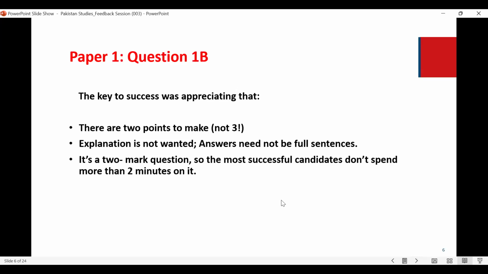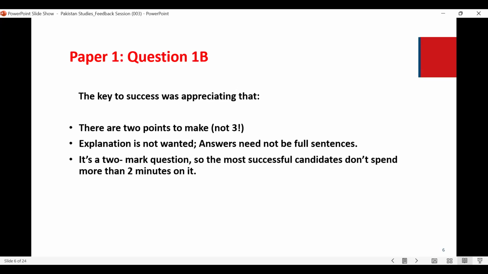So when you were pondering this and making your notes about what you need to do to be successful in B, hopefully you said that they need to make 2 points, not 3. I understand why they make 3 sometimes if they're not quite sure, and that's good practice, but they haven't got time to labour on that and spend too long.